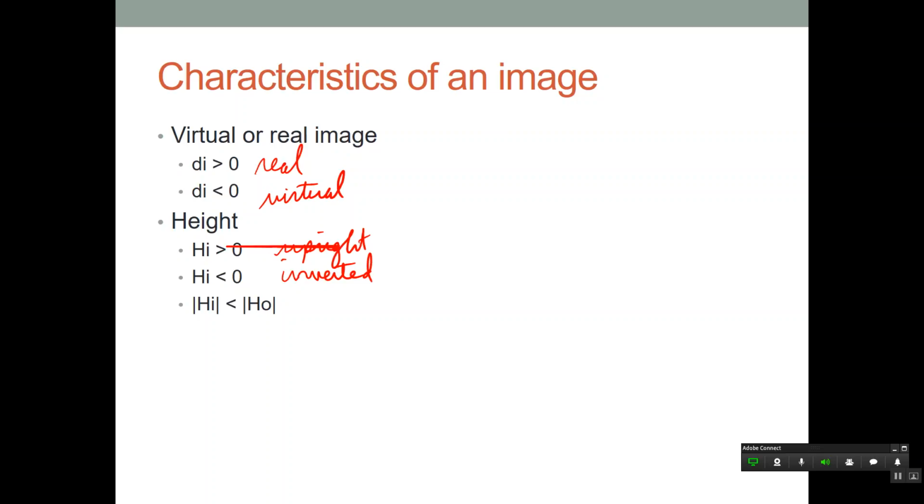It's not right, but whatever. So shrunk. And if I were to talk about magnification being greater than 1, it means that it's magnified or shrunk? Yeah, it's magnified.